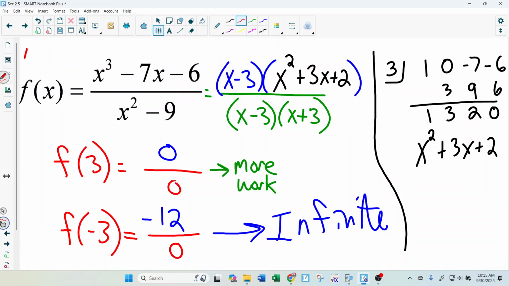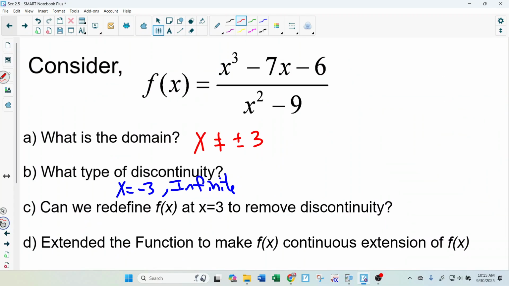So what does that tell us? Because this can be canceled or removed, what kind of discontinuity are we going to have at 3? If you go back and look at your list of the different types, because we can cancel this out, it's removable. So we are going to have at x equals 3 a removable discontinuity.